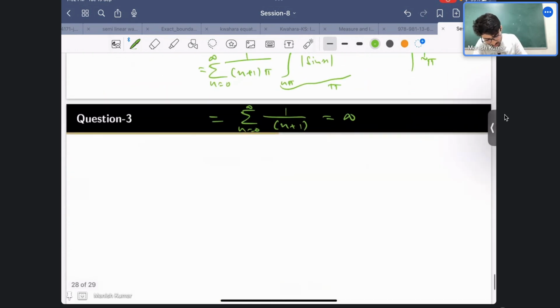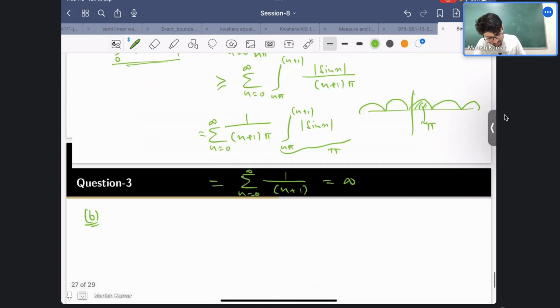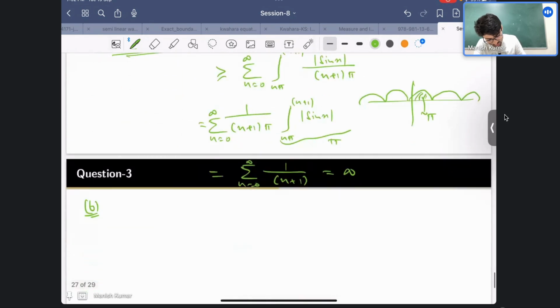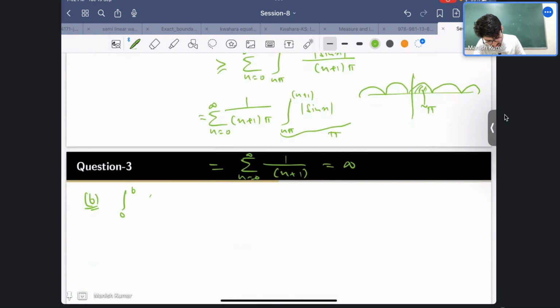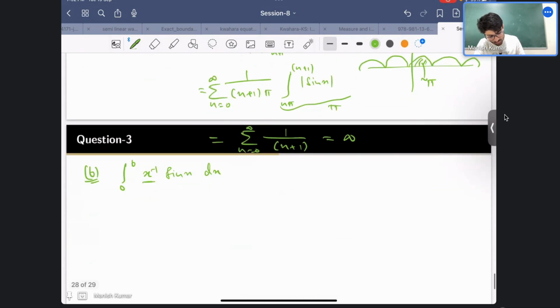Okay, so this b part, let's see what is the integral from 0 to b of x inverse sin x. You have to find the value of this quantity, right? So let's see what x inverse is. If you want to use the Fubini Tonelli theorem, you have to write it as a function of x comma y, so there should be two variables, okay?